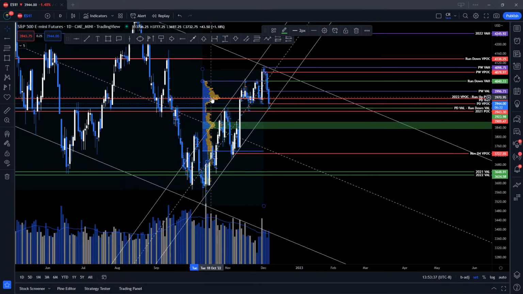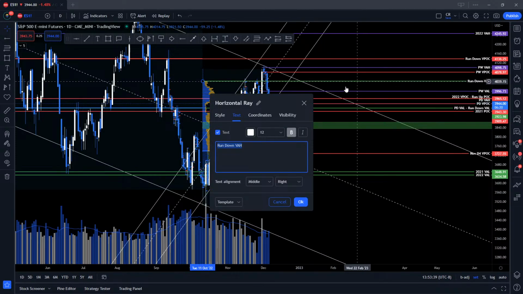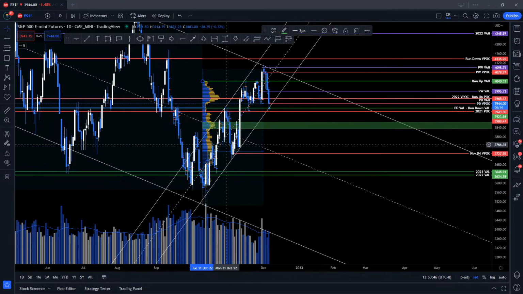So my run, oh, sorry, this is run up. Run up POC is here, and then my run up value area low.